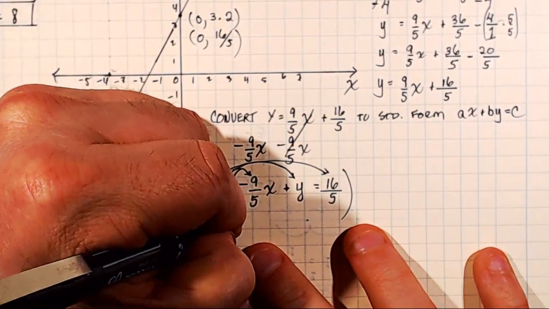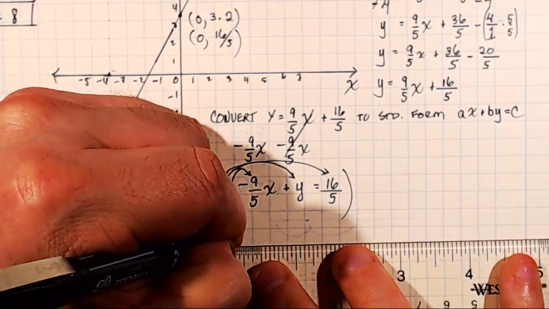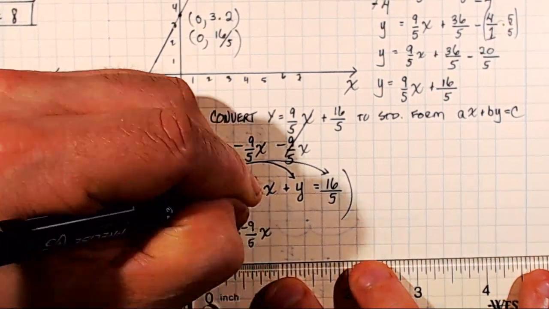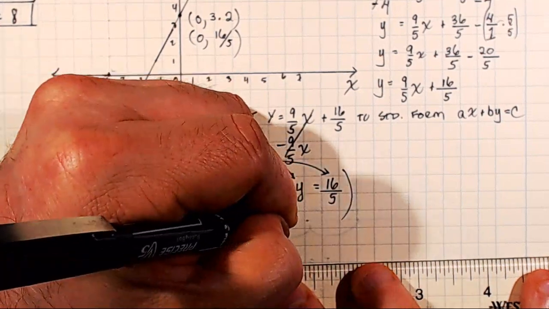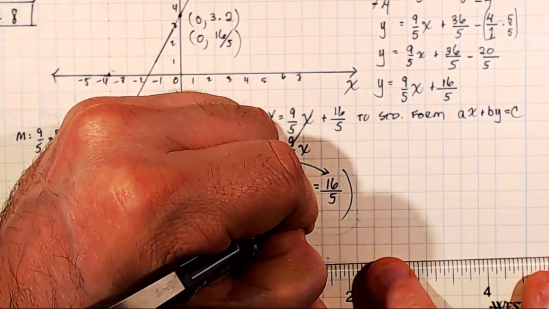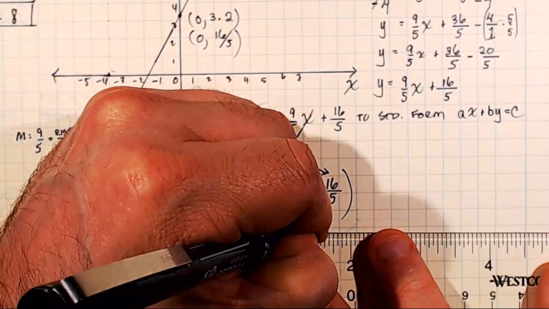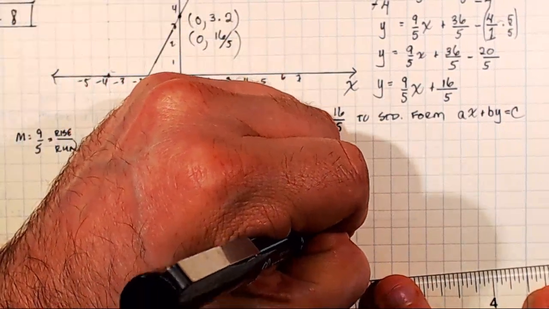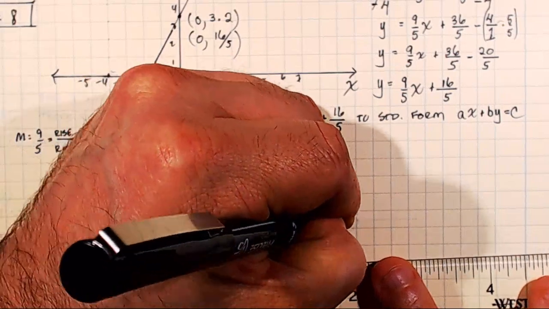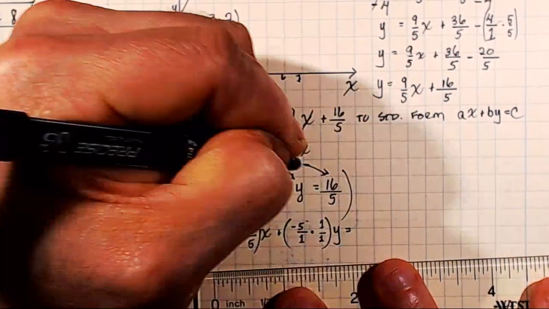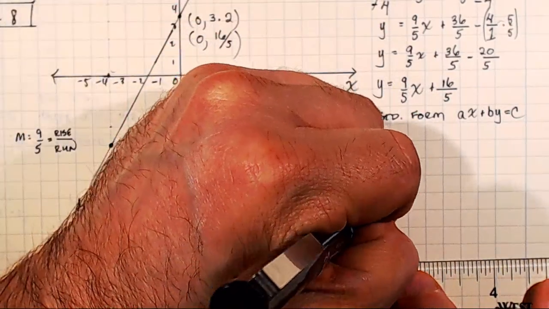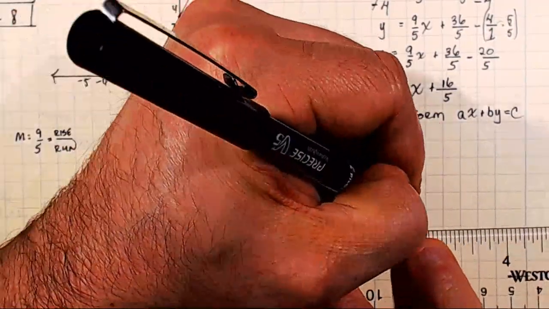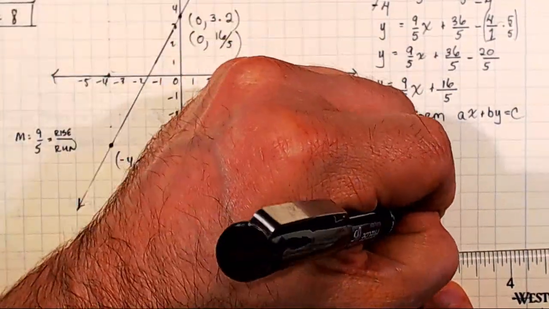We're going to multiply negative 5 over 1 times negative 9 over 5x plus negative 5 over 1 times 1 over 1 y equals negative, so again, negative 5 over 1 times 16 over 5.